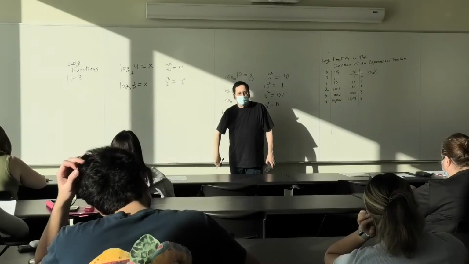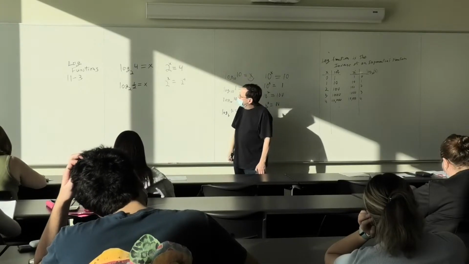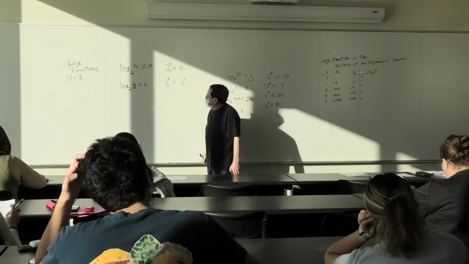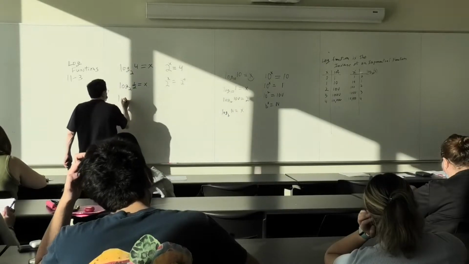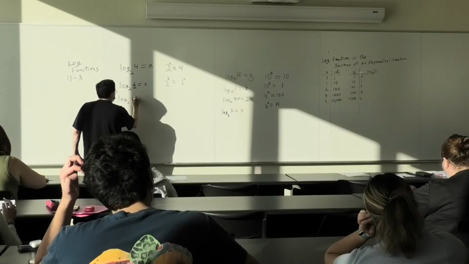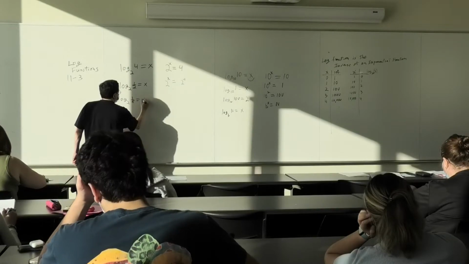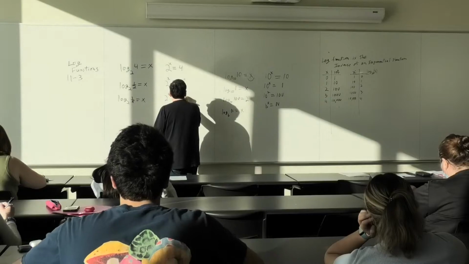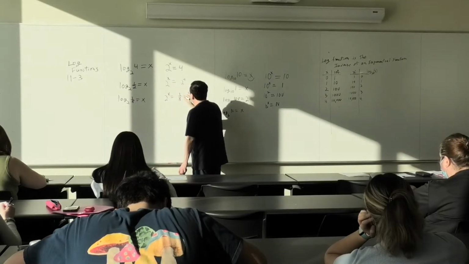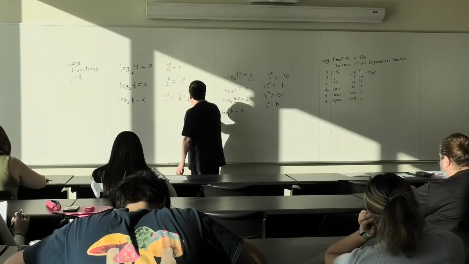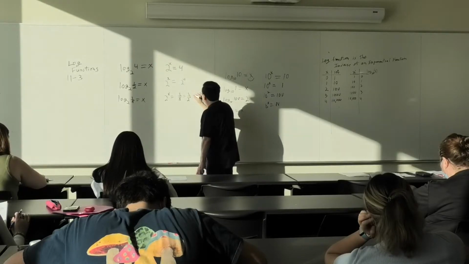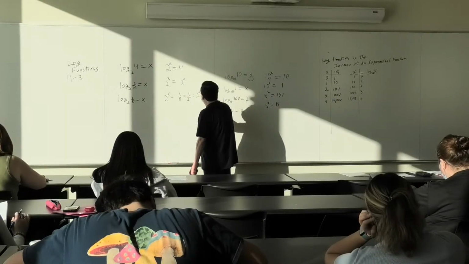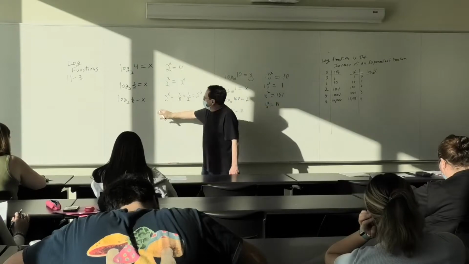And it's really obvious. Or if I said log to the base 2 of 1/8. Okay, so 2 to the x equals 1/8, which is 1 over 2 cubed, which is 2 to the negative 3. Okay, so this is negative 3.